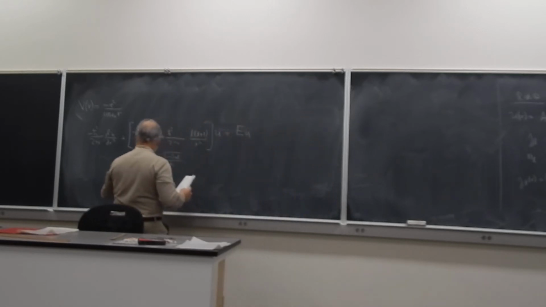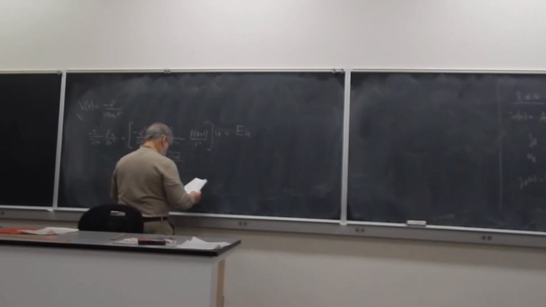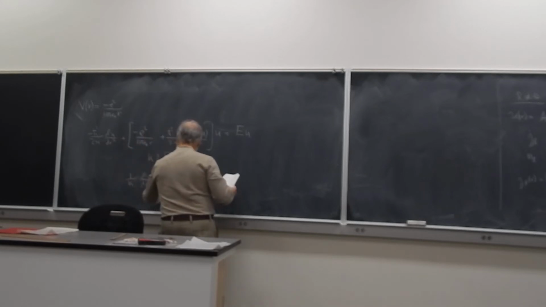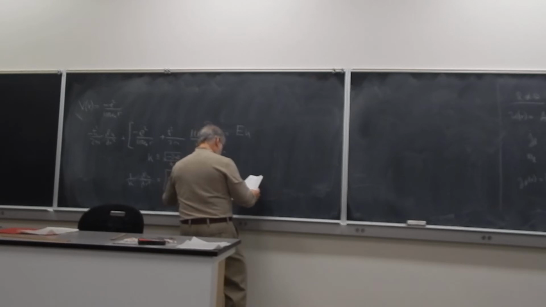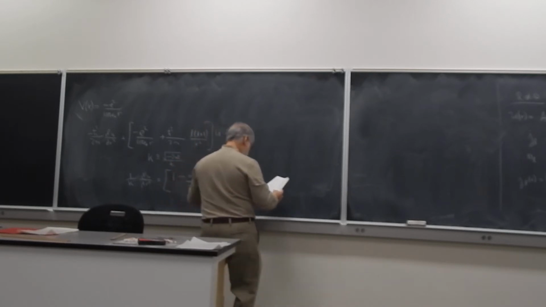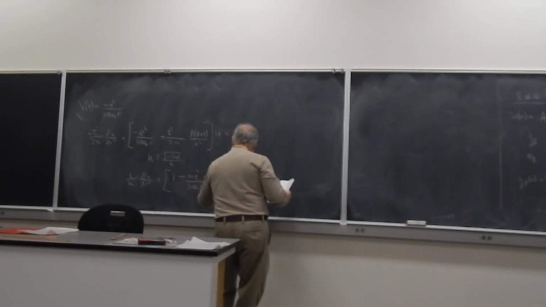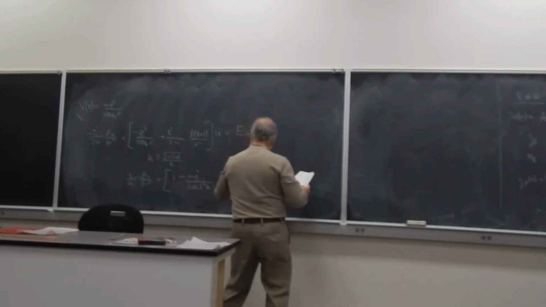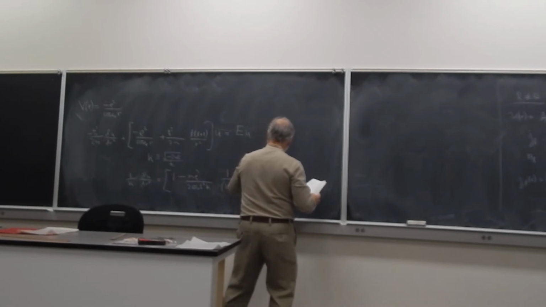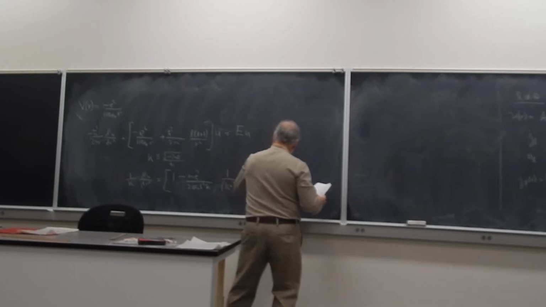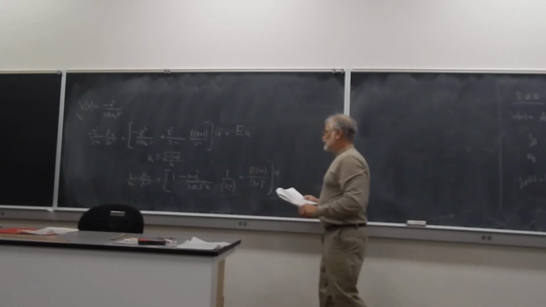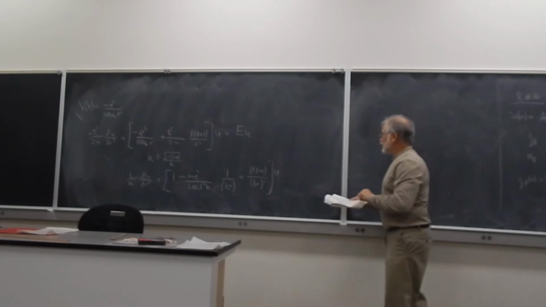Rewrite this, I get 1 over kappa squared times the second derivative of u with respect to r is equal to 1 minus me squared divided by 2 pi epsilon naught h bar squared kappa times 1 over kappa r, plus l times l plus 1 divided by kappa r quantity squared, all times u. Okay, so that's what my radial equation becomes.